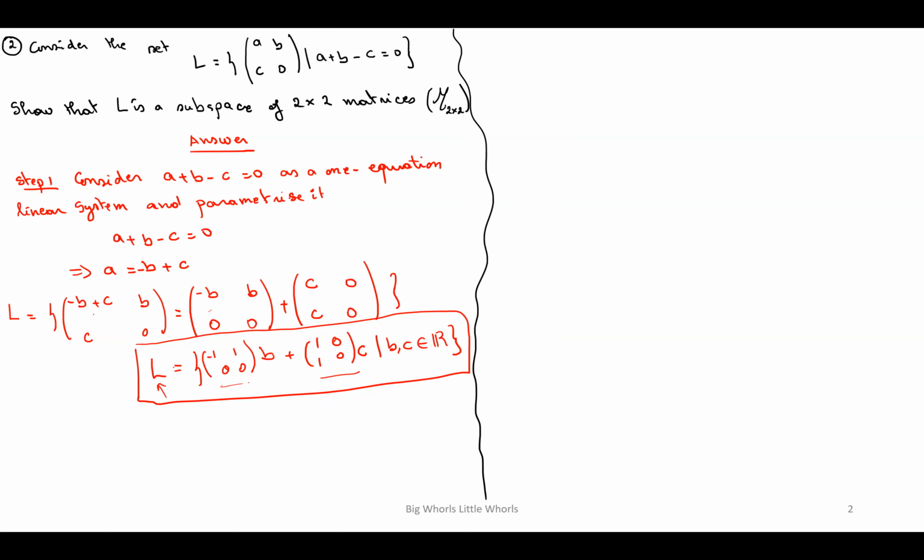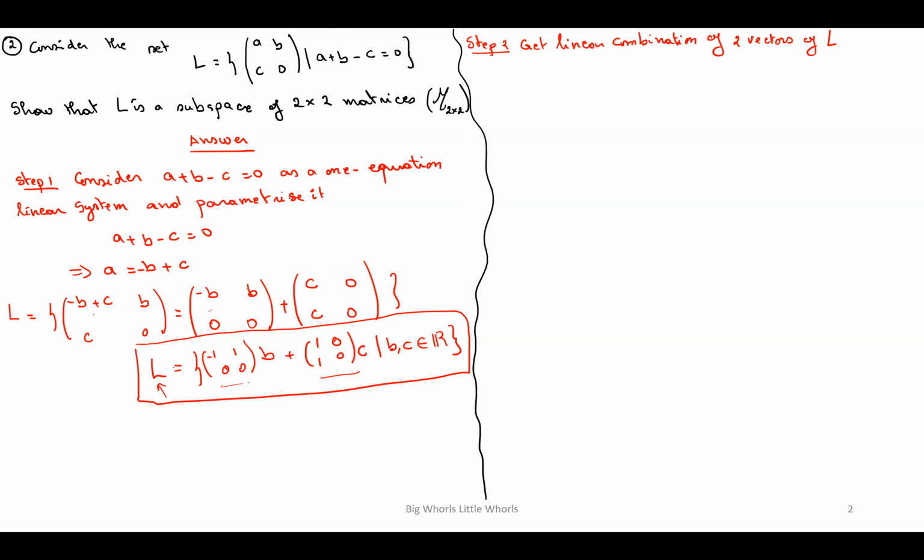So the question is, if we pick two elements from this subset, are we going to get an element of the same structure? Let's check. Step 2: get a linear combination of two vectors of L. Even though they are matrices, we call them vectors.